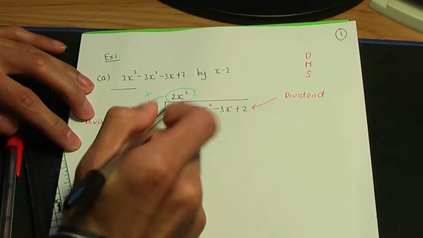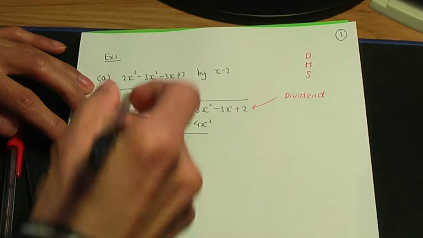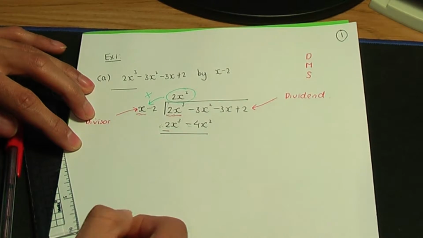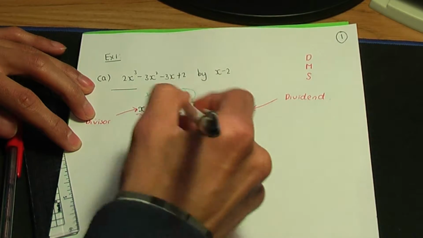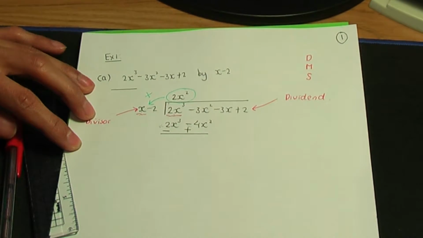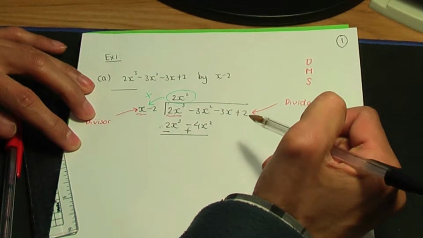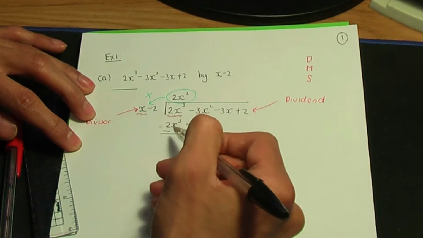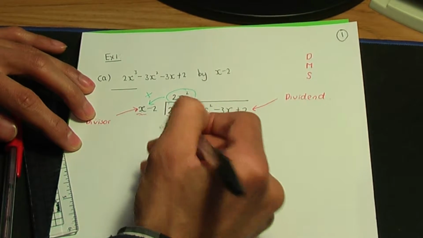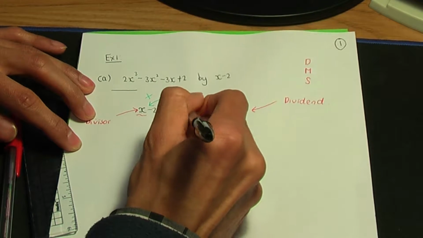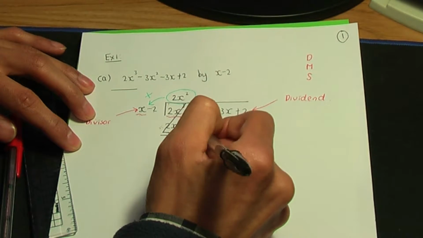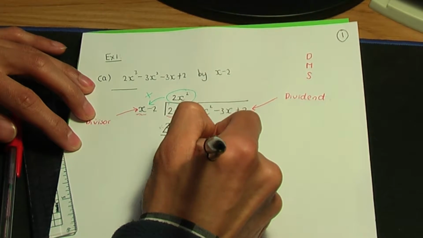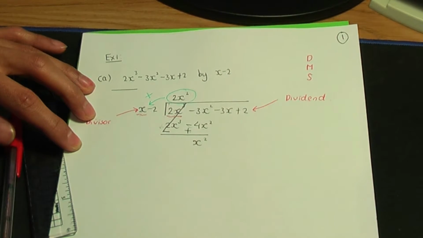So this plus with the 2x cubed changes to minus, so now it's a minus 2x cubed, and this minus reverses to a plus. That is what we mean by S, subtract. So when we add, 2x cubed minus 2x cubed amounts to 0. Minus 3x squared plus 4x squared is 1x squared, or x squared.